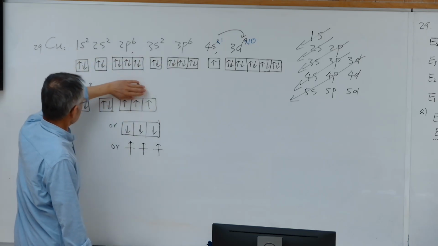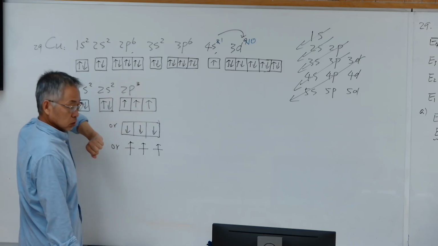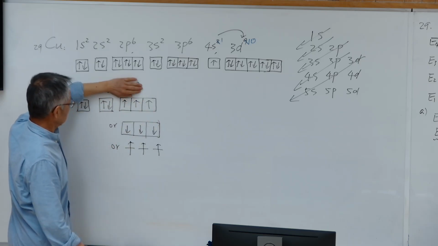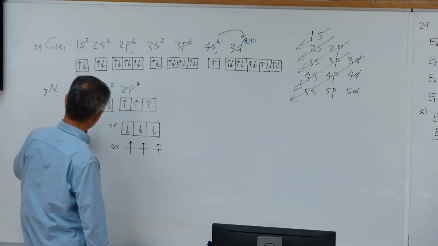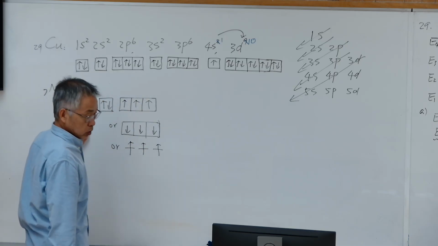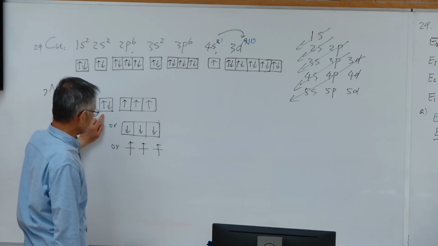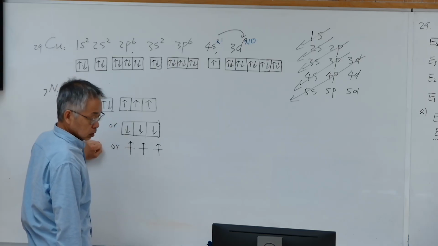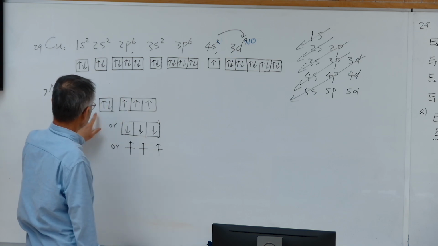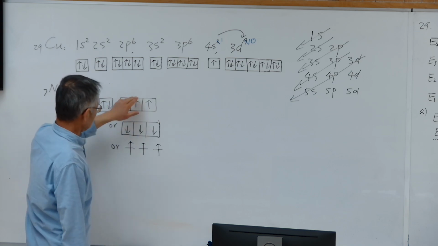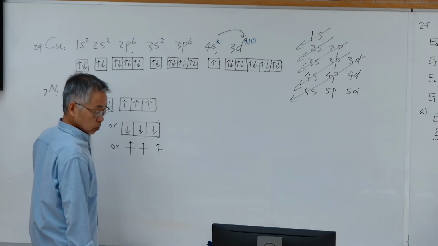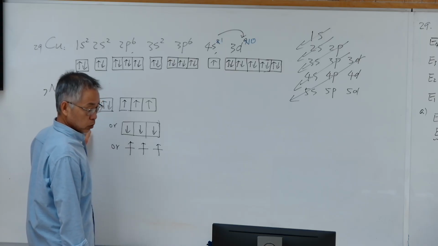Without the electron configuration, if you just draw these boxes, nobody can understand what they represent. This could represent 2s, this is 3s, this is 3p, right? You need the right electron configuration and the orbital diagram to align them. Then other people can understand what each orbital represents.